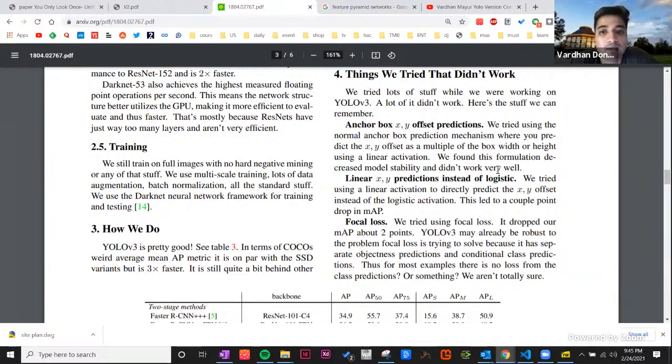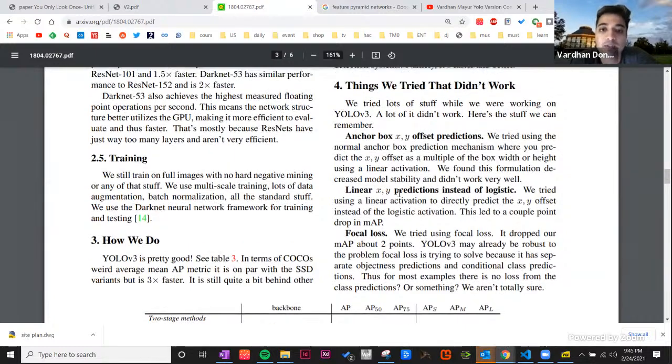They say that we found this formulation decreased the model stability and didn't work very well. Other than that, they have explained why the other two didn't work. But for the first one, it just says model stability was an issue. So I'm not so sure why that happened.